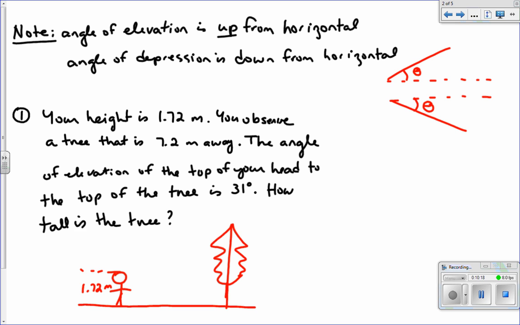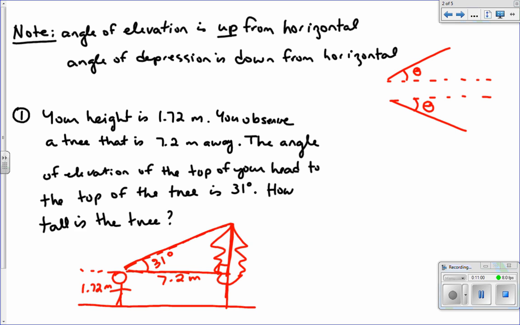Now, when you look up at the tree from the top of your head, you're looking up from the horizon because it's an angle of elevation at an angle of 31 degrees. And your horizontal distance from the tree is 7.2 meters. So here is your right triangle. I'm going to just put it in solid lines here. There's the right triangle. So we know the 7.2, and we know the 31 degrees, and we know the right angle of that triangle.